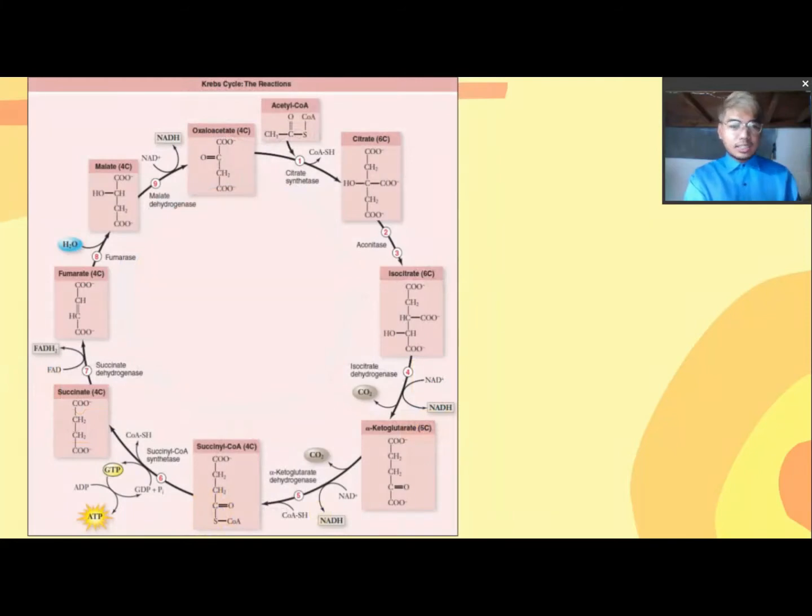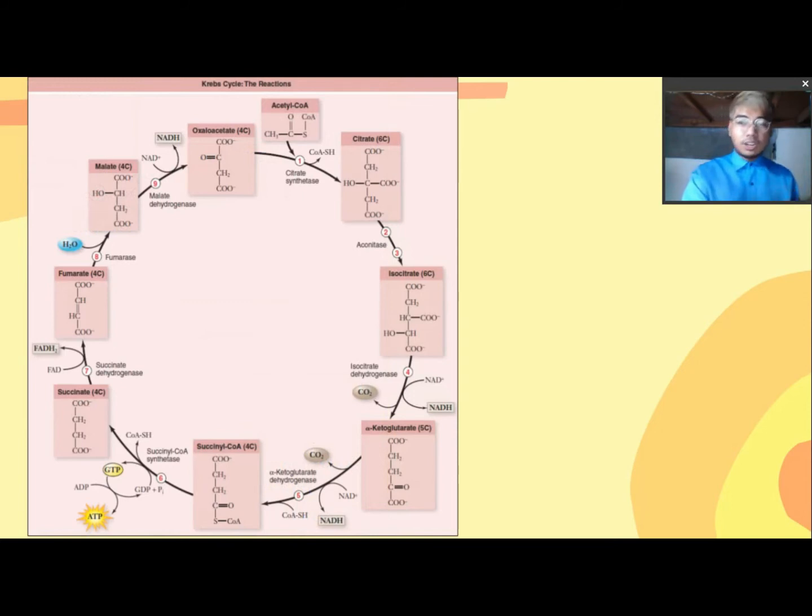Now, as an overview, these are the different reactions happening in the Krebs cycle. Specifically, there are 9 different types of enzymes that will be utilized, but we are going to discuss them one at a time, just like how we discussed glycolysis. To start the Krebs cycle, remember that there is a 4-carbon compound present in the cycle that will be recreated, which is known as the oxaloacetate.